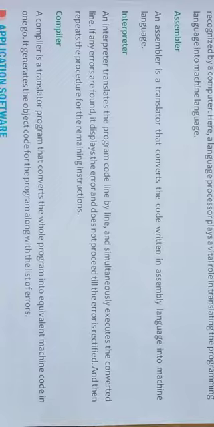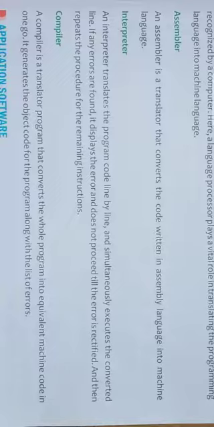If any error is found, meaning any mistake done by the user. Okay, who is the user? The user is the person who is making the program. If I am the user, then I am the person sitting in front of the computer system and making that program.